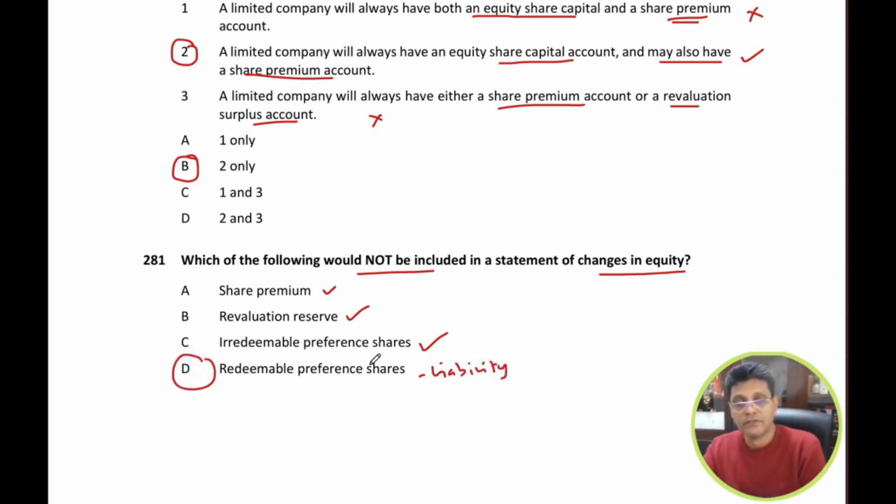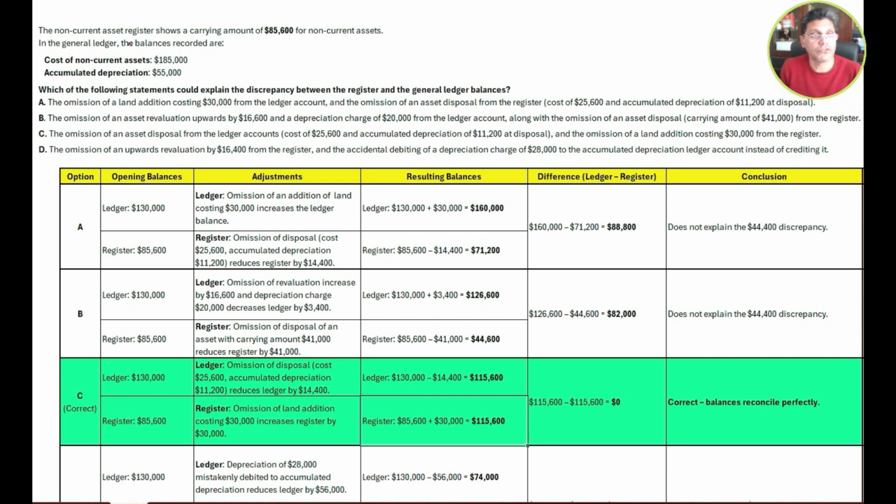Okay, let's move on to this particular question. The non-current assets register shows a carrying amount of 85,600 for non-current assets. In the general ledger, the balances recorded are the cost of non-current assets $185,000 and accumulated depreciation $55,000.